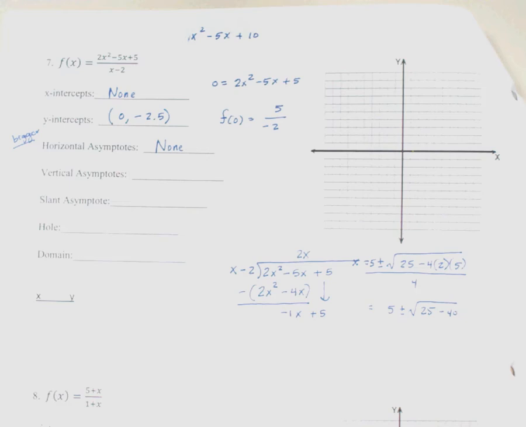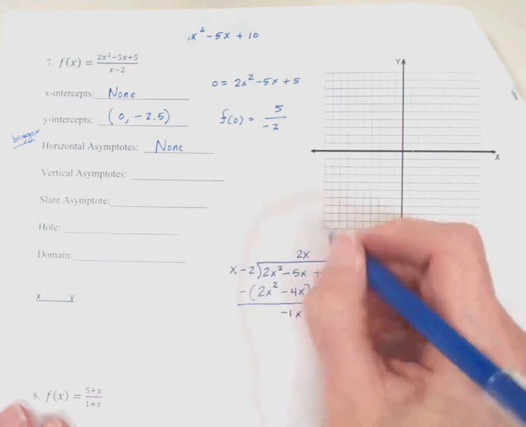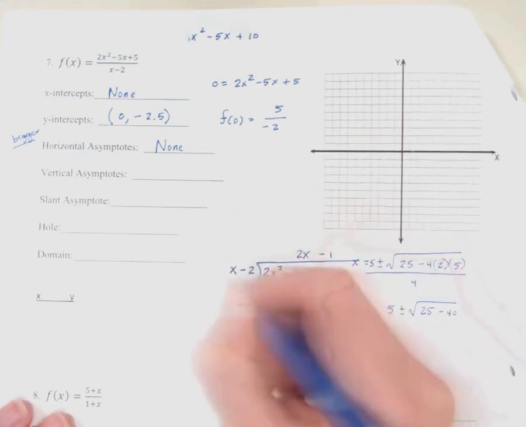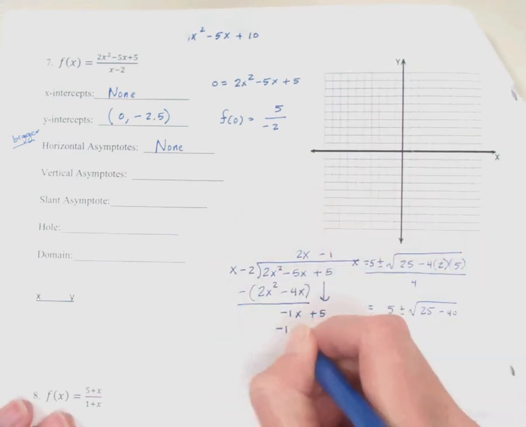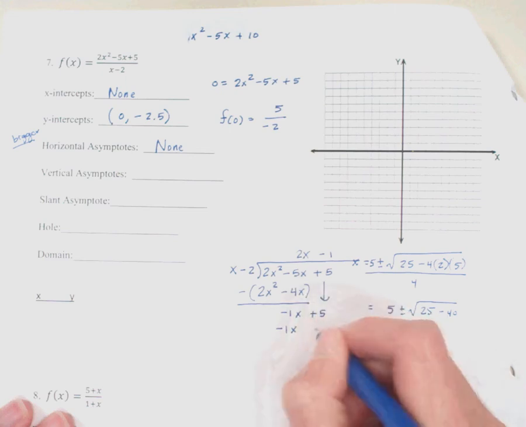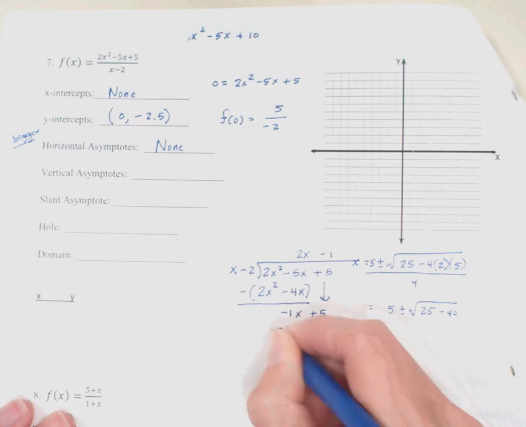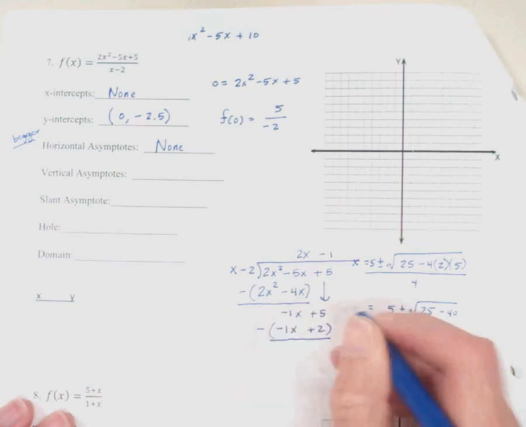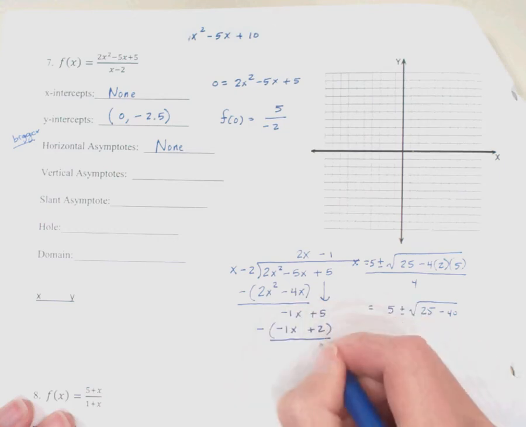I've got to multiply x by negative 1 to get negative 1x. So I have negative 1x plus 2. And when I subtract, I have a remainder of 3.